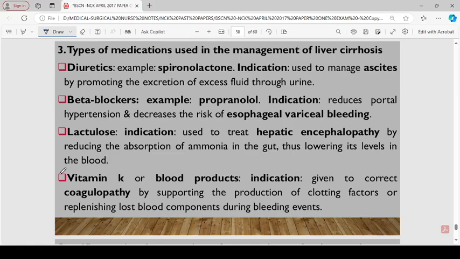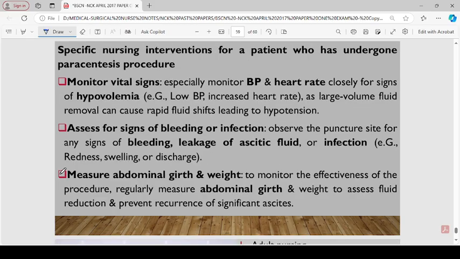We have lactulose, which is normally used to treat hepatic encephalopathy by reducing the absorption of ammonia in the GIT, thus lowering its levels in blood. Vitamin K or blood products are given to correct coagulopathy by supporting production of clotting factors or replenishing lost blood components during bleeding events.